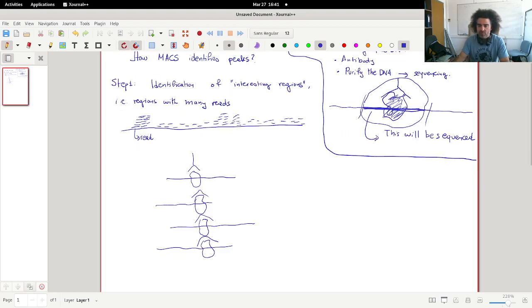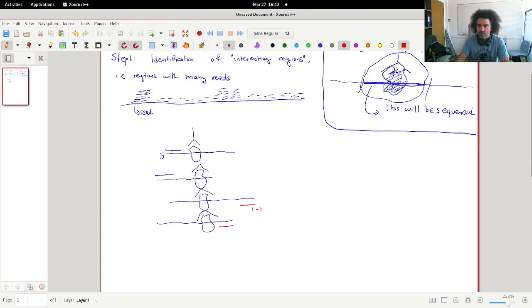Now if we sequence that, from this piece of DNA we might sequence this part, this 5 prime, from this part. Perhaps from this one we will sequence the negative strand, so we will sequence the 5 prime end of the minus strand here, and let's say that for this one we'll sequence also the minus strand.